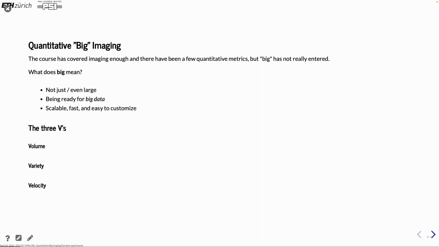So we have been talking about different things. We have looked at quantitative imaging, but the big thing we haven't really touched yet. We have, of course, looked at volumes, that we have 3D data. That's kind of big. You can have a volume of, say, 20 gigabyte without a problem. But beyond that, we haven't really looked at big.